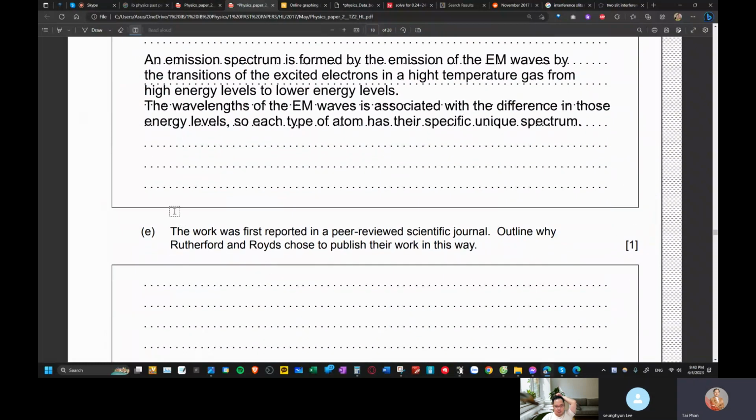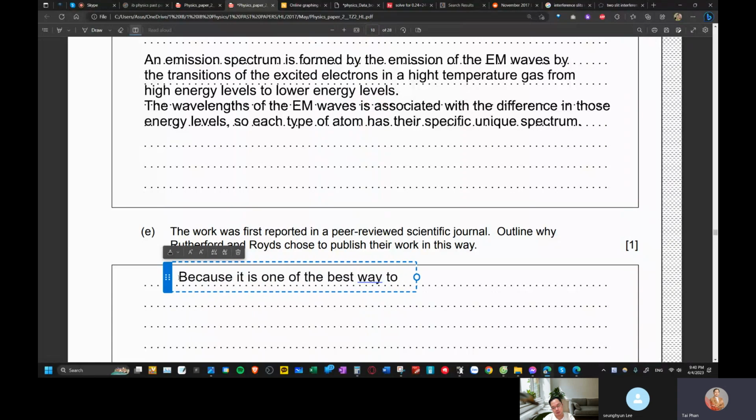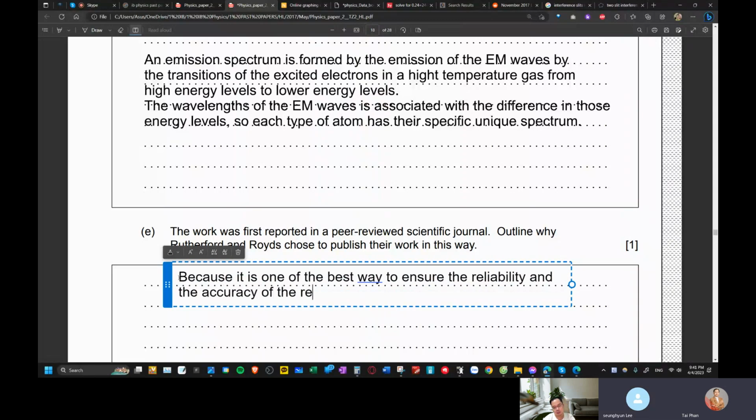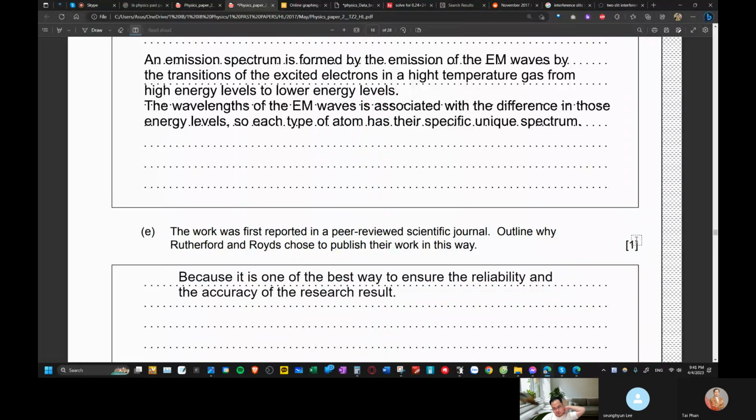The work was first reported in a peer-reviewed scientific journal. Rutherford and Royds chose to publish their work in this way because it is one of the best ways to ensure the reliability and the accuracy of the research results.